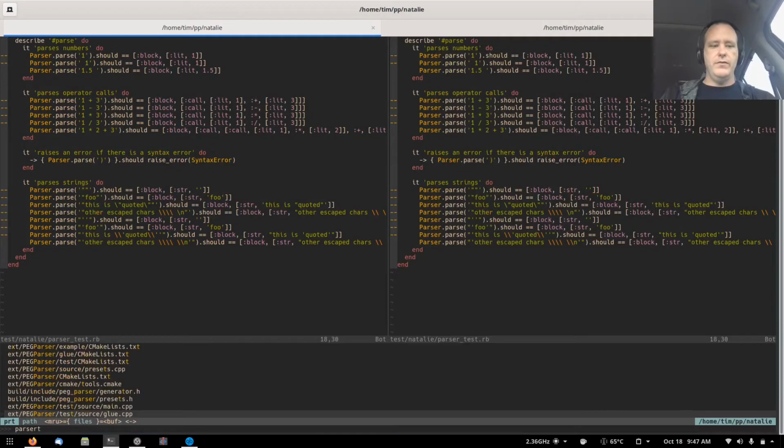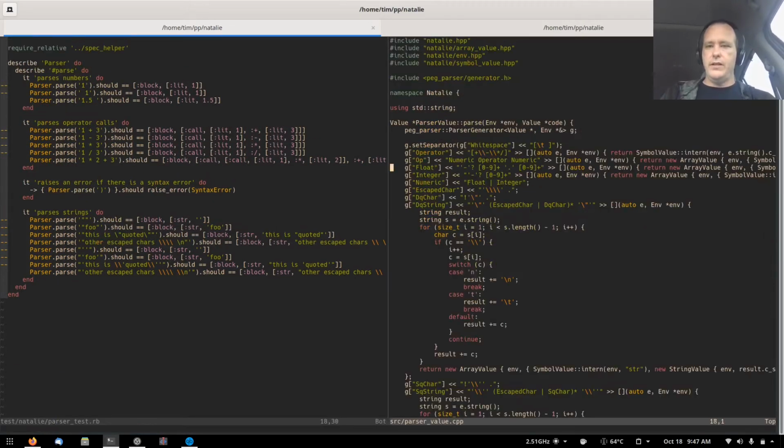We should be able to fix that pretty easily. Right here, or maybe this one can be an op. Well, that's recursive, so it needs to be an op or a number.